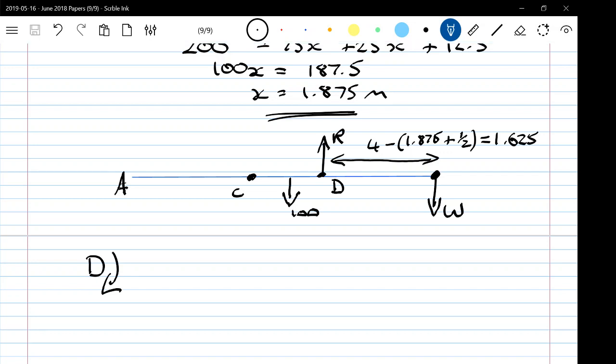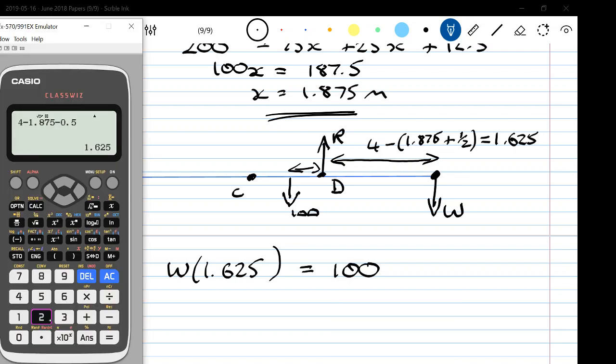Right. So we've got W times 1.625 must be equal to, and that must be 100. Oh, we need this distance as well. Well, if that's 1.625, that distance is 2 minus 1.625.